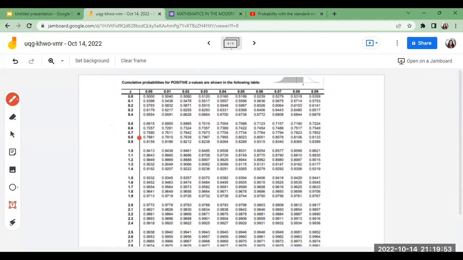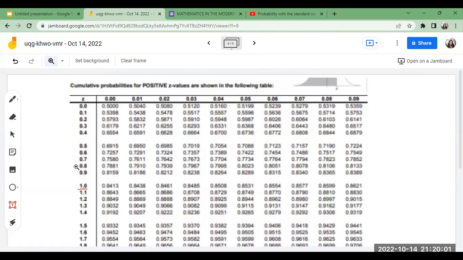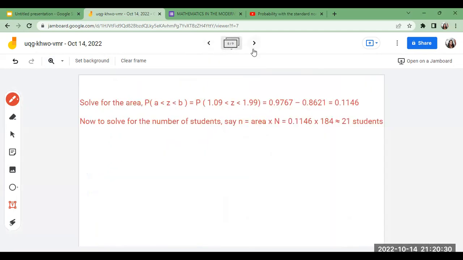Now 1.09, so at the left column we have 1.0, this one. And then the second decimal place is 9. Ayun, so 0.09. So ito yung intersection nila, and that is 0.8621.